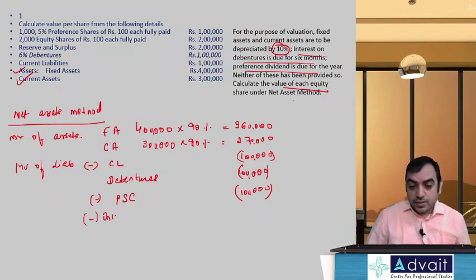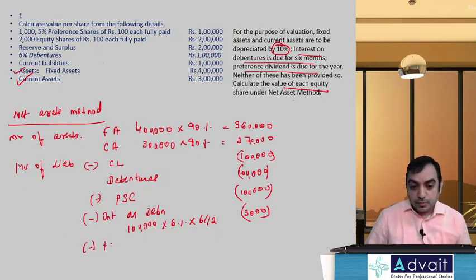Minus interest on debenture for 6 months, where debentures are 1 lakh. Debenture interest is 6% for 6 months. That comes to 3,000. And we should also subtract preference share dividend.